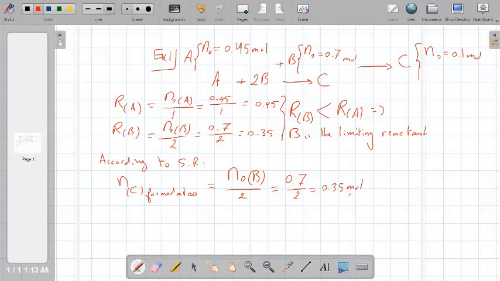This is the number of moles of C formed at the end of the reaction.